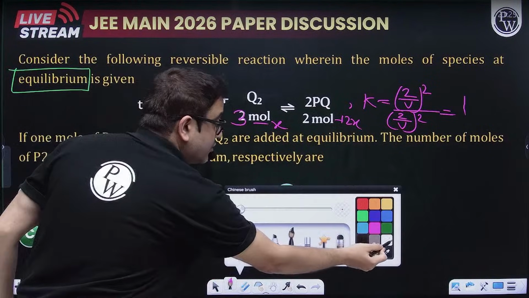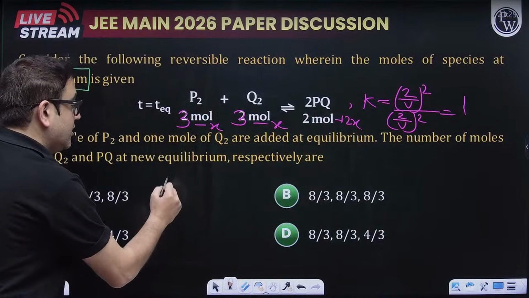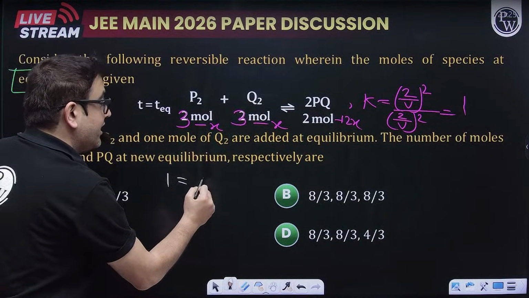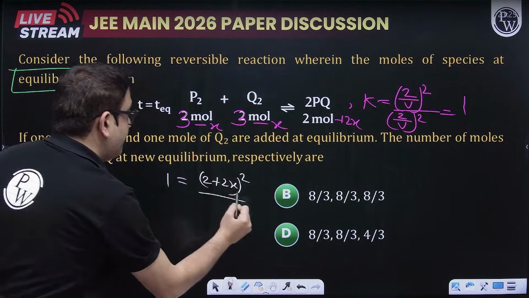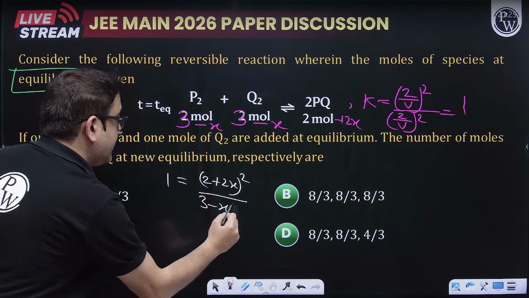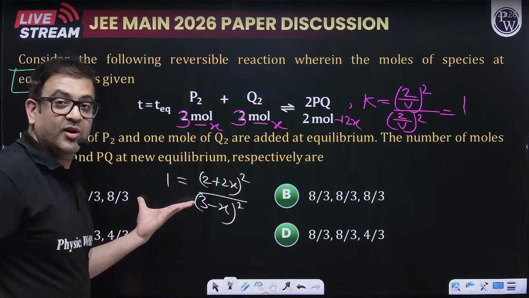I guess now it is quite easy for us. K value will remain the same. K is 1. So concentration of product is 2 plus 2x whole squared upon 3 minus x whole squared. Take the square root, because here you have 1.